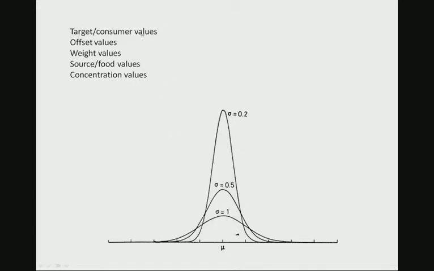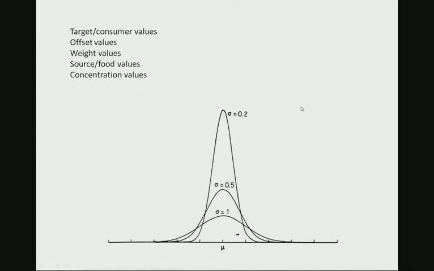So target or consumer values, offset values, weight values, source or food values, and concentration values. The user will enter the mean value and the uncertainty, which corresponds to the standard deviation, and of course one can have different standard deviations, and so the Gaussian can be wider or narrower.